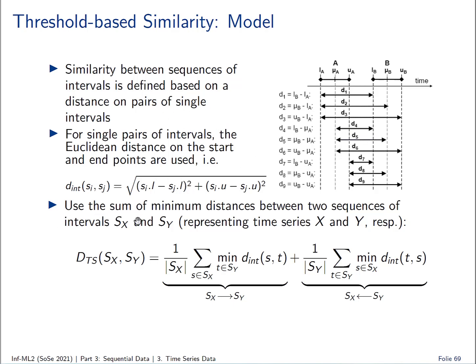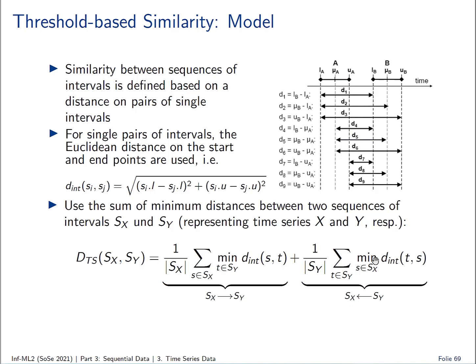What we actually do is we take the sum of the minimum distances between two sequences of intervals. This is the sequence of intervals representing time series x. This is the sequence of intervals representing time series y. And we take the sum of the minimum distances between the intervals from the sequences.